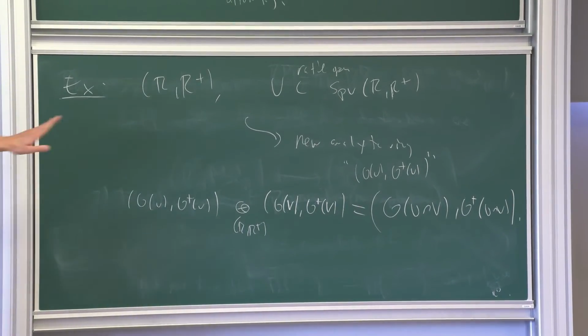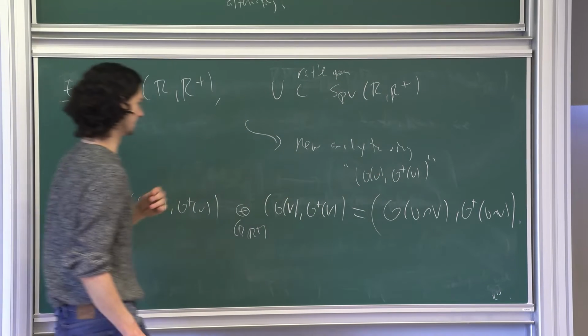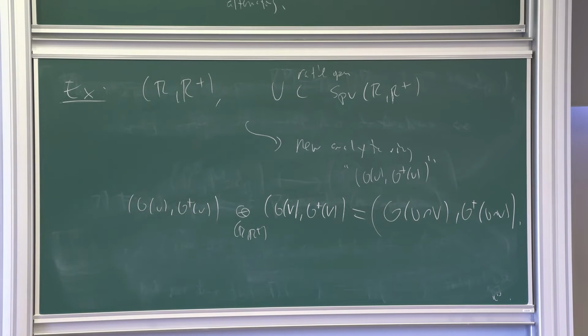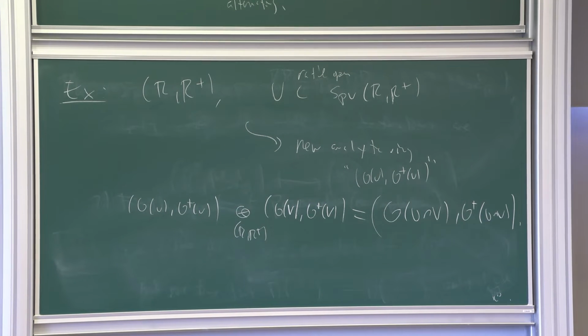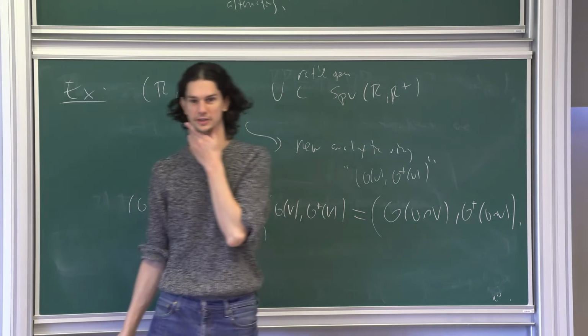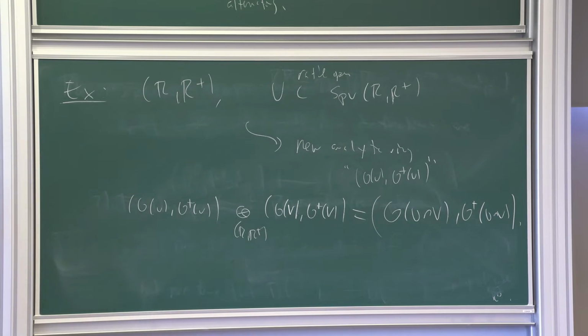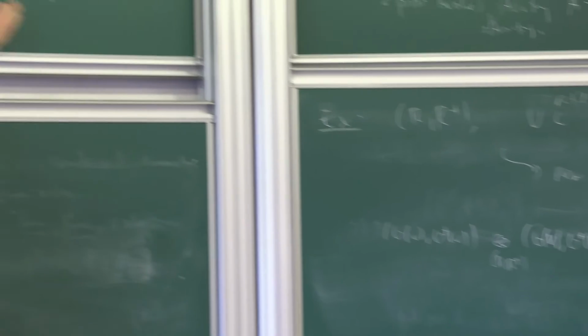I guess in the discrete case, R discrete, it literally is just this. So the notion of pushout in analytic rings corresponds to intersection of rational opens here, and that just follows from the definition.